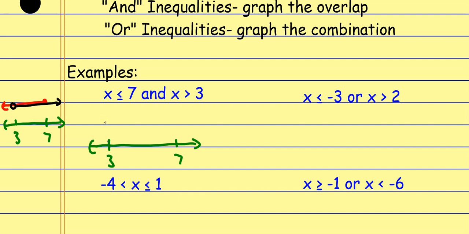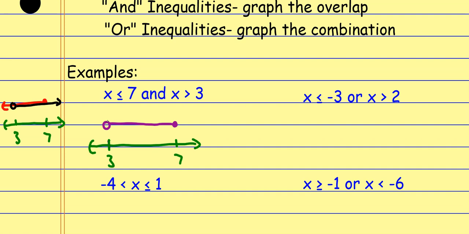I'm going to have an open dot at the 3, a closed dot at the 7, and I'm going to shade everything in between. Because if I choose a number in between, like 4, is 4 less than or equal to 7 and greater than 3? The answer is yes. The 4 is less than or equal to 7, and the 4 is also greater than 3.